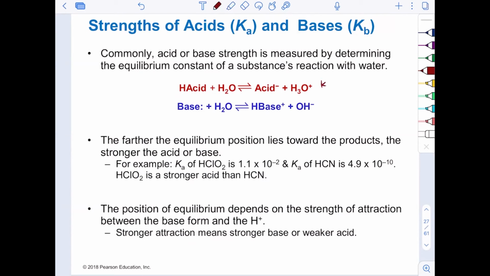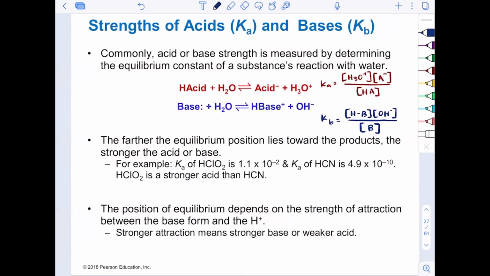Again, the Ka is going to be H3O plus concentration times the conjugate base, or A minus concentration, over the original HA. For the base, a Kb, when a base is added into water, we have the HB and the hydroxide concentration over the original base concentration. All right, so the magnitude of these will be able to tell us the strength.